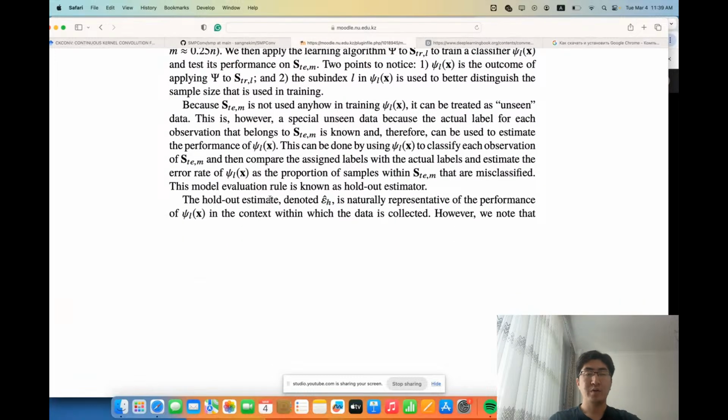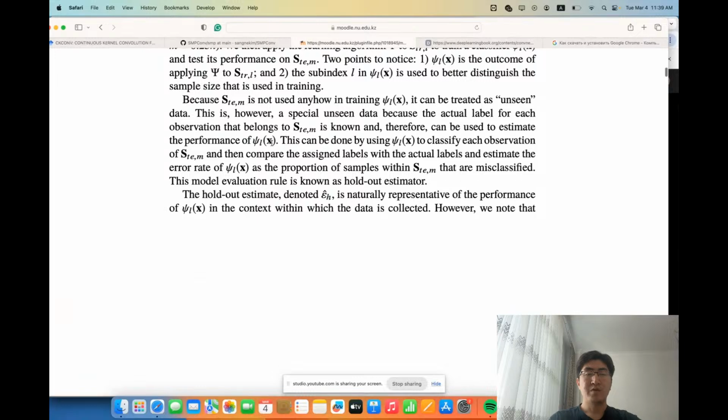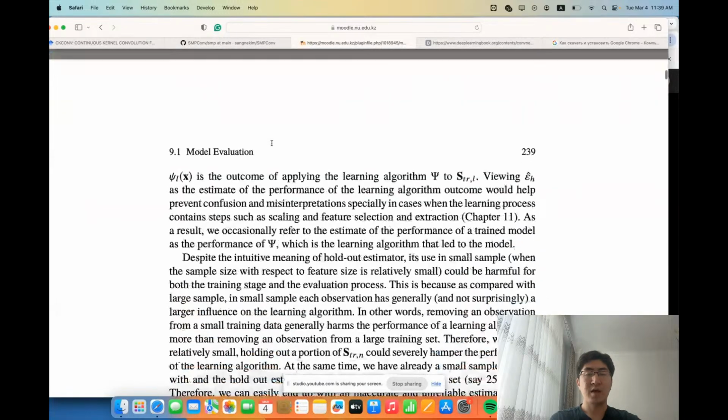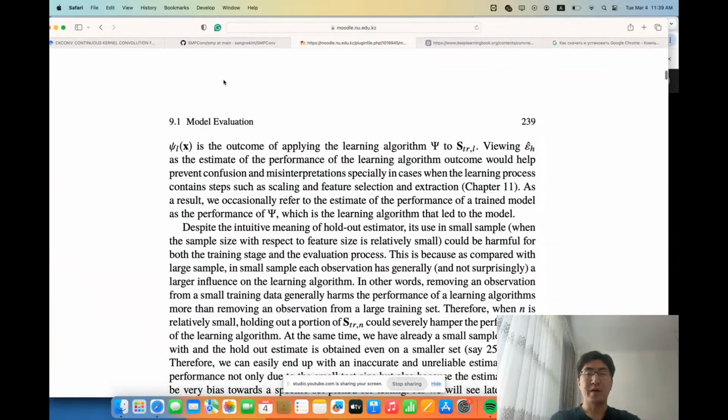The holdout estimate is naturally representative of the performance in the context of which the data is collected. However, we know that the classifier is the outcome of applying a learning algorithm.